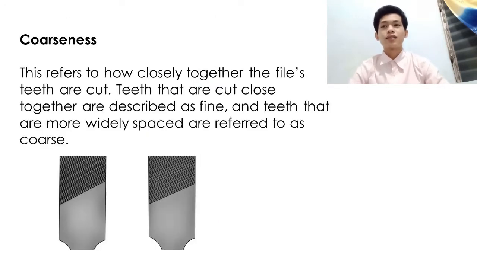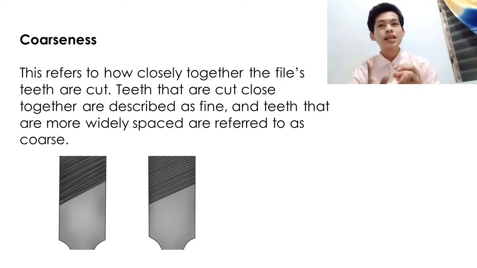Next is the coarseness. Coarseness refers to how closely together the file's teeth are cut. Teeth that are cut close together are described as fine, and teeth that are more widely spaced are referred to as coarse. As you can see, at the tip of the file you can see the teeth of the file, and observing those, you can see the white spaces or the closely packed teeth.